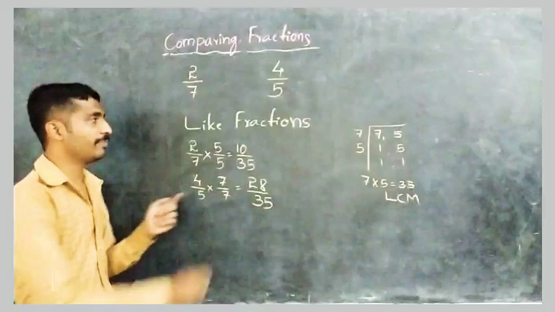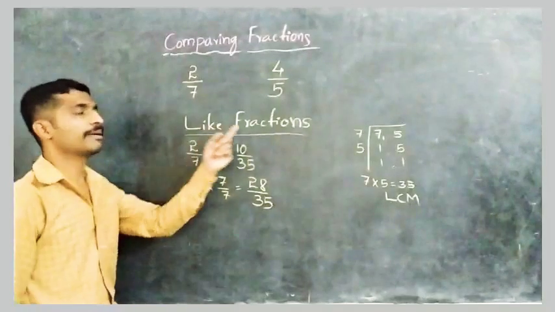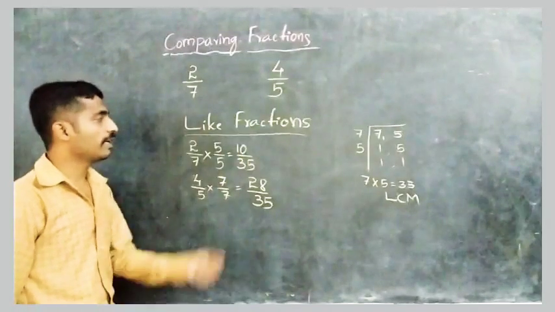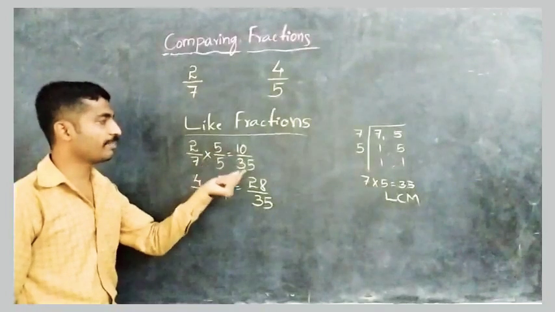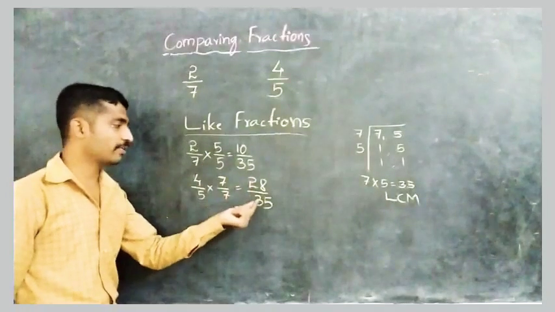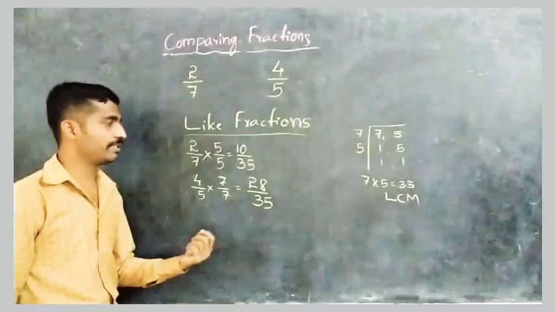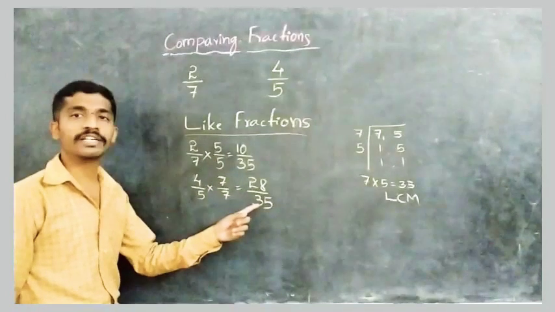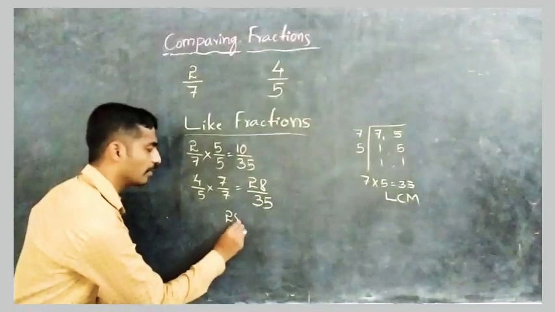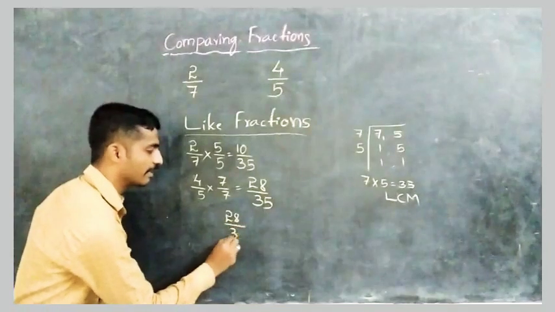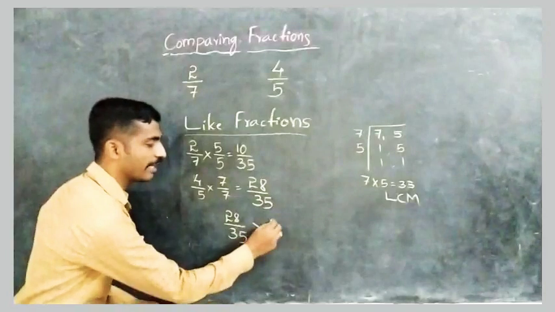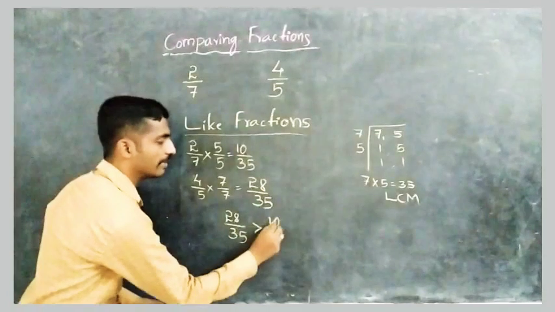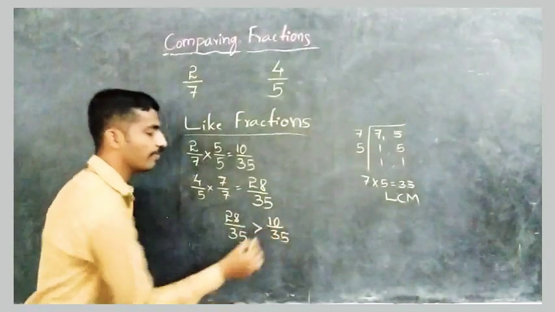Now we made them into like fractions. Okay, like fractions: here 10 by 35 is there, 28 by 35 is there. Now you check which is bigger. 28 by 35 is bigger than 10 by 35.